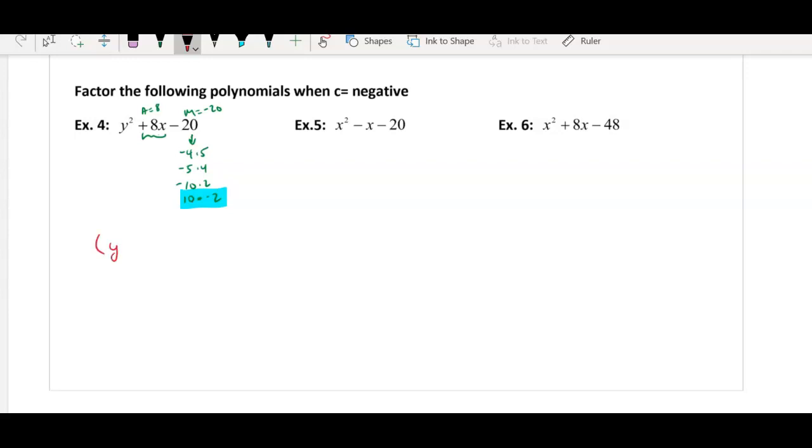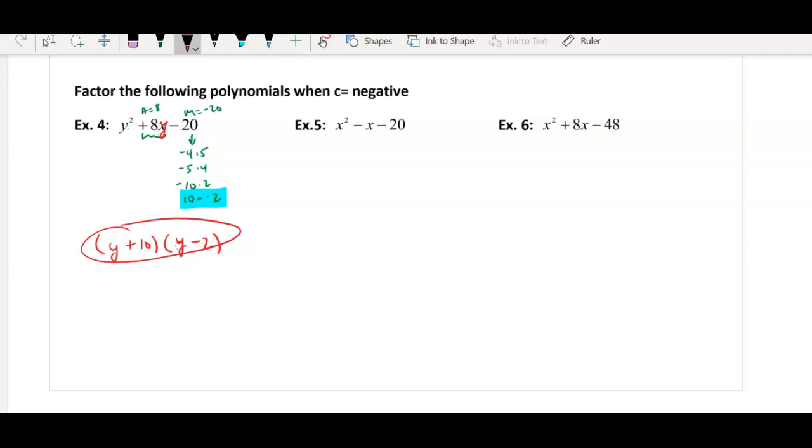So we're going to say this factors out to be y plus 10, since it's positive 10, and y minus 2. And if you think about it, y times y gives me y squared. Y times negative 2 is negative 2y, plus 10y gives me 8y. And then 10 times negative 2 is negative 20. So this is your answer.